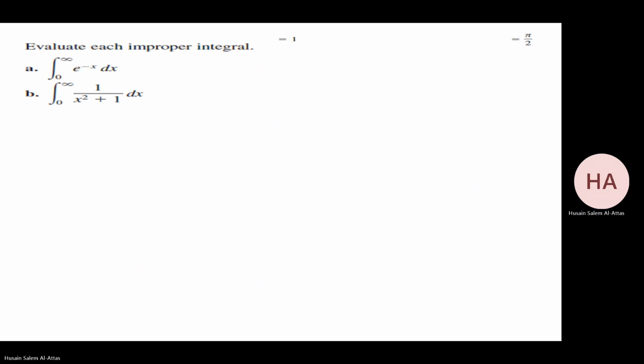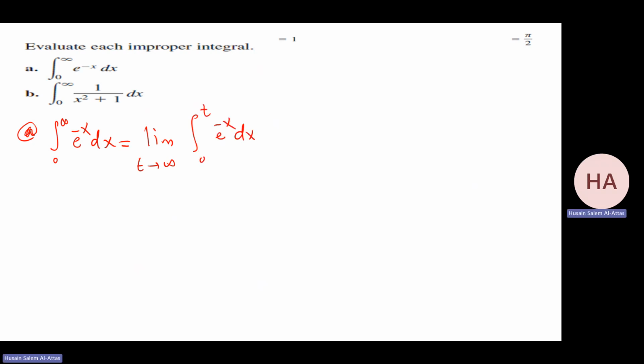I'm going to do the first one, 0 to infinity. So what I will do, limit as t goes to infinity. Let me write it first. The integral from 0 to infinity of e to the minus x dx. That will be the limit as t goes to infinity of the integral from 0 to t of e to the minus x dx.